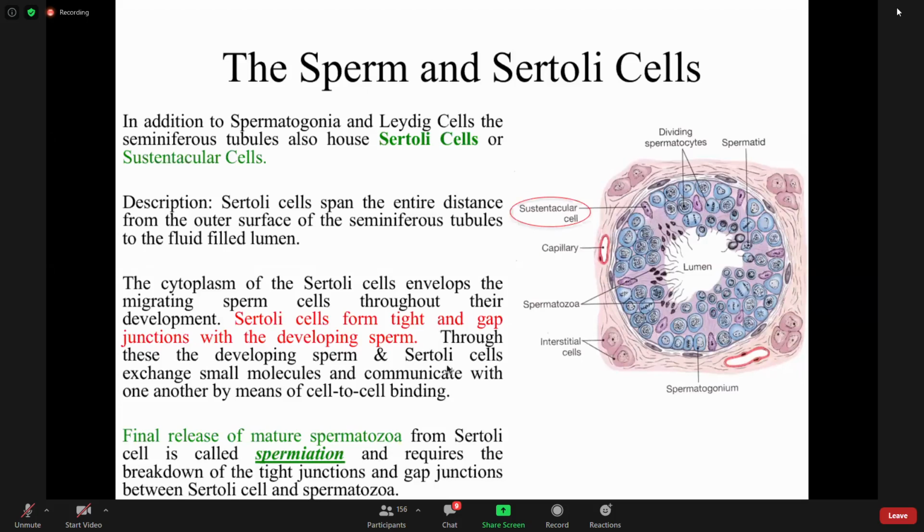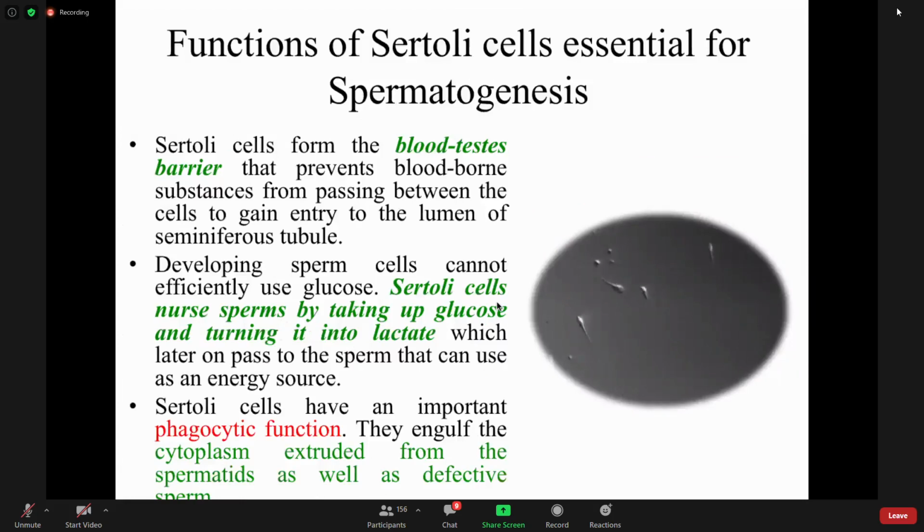The reason is during this process of spermiation and the release of the sperm in the lumen and the production of aqueous fluid by sustentacular cells, which is going to push the sperm into the epididymis and from the epididymis to the vas deferens, sperm is being fed by Sertoli cells.